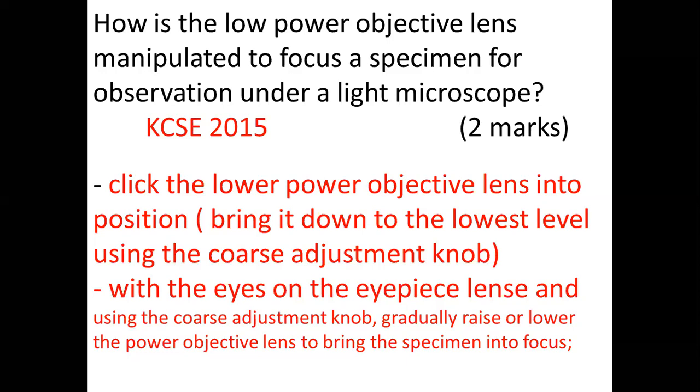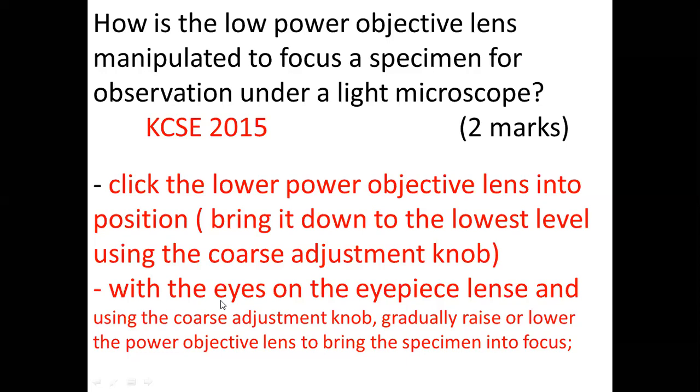Yeah, with the eye, and you can see the details. Even you are supposed to know where to place the eye. With the eye on the eyepiece lens and using the coarse adjustment knob, gradually raise or lower the power objective lens to bring the specimen into focus.